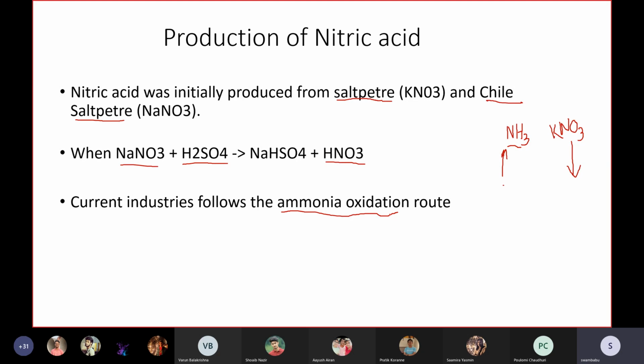The reason is that with the rapid growth of petroleum refineries, the ammonia production rate increased, while the resources for KNO3 and sodium nitrate greatly reduced, especially after World War II. So they invented this reaction, and most current industries follow the ammonia oxidation route.